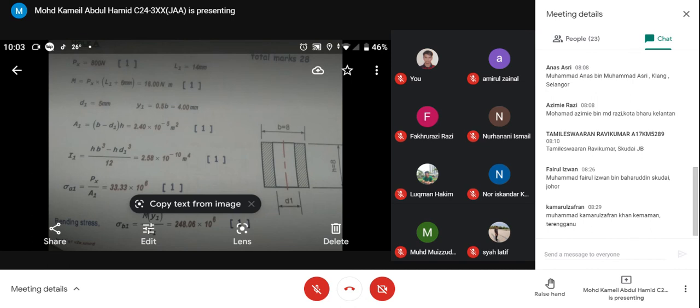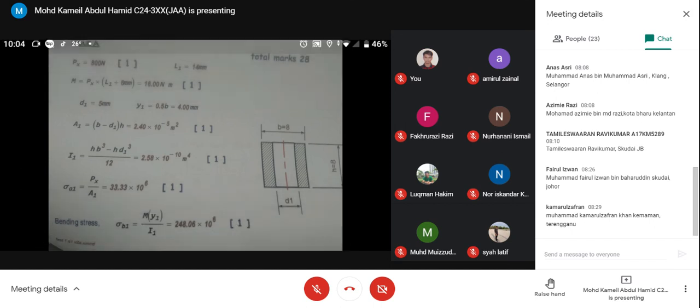So the distance is B divided by 2, so we get half, 0.5 B. Okay, so sigma A1 is just our PX divided by A1, the axial force. PX is 800, A1 we have already calculated: 2.4 times 10 power minus 5. Okay, that is for axial loading.